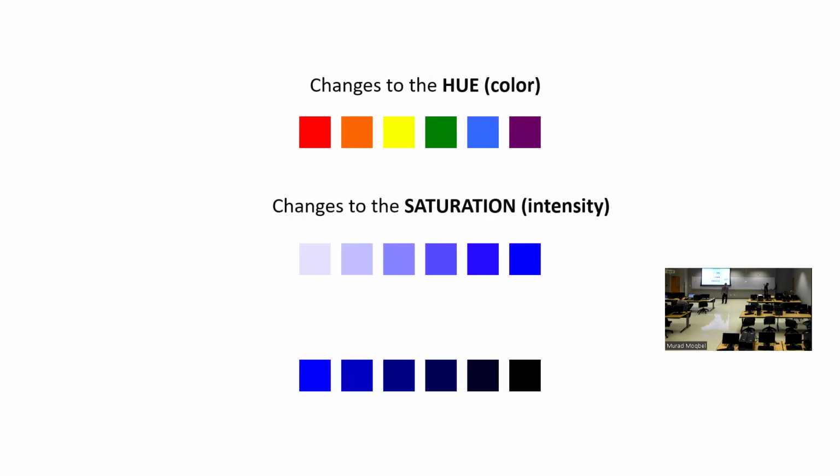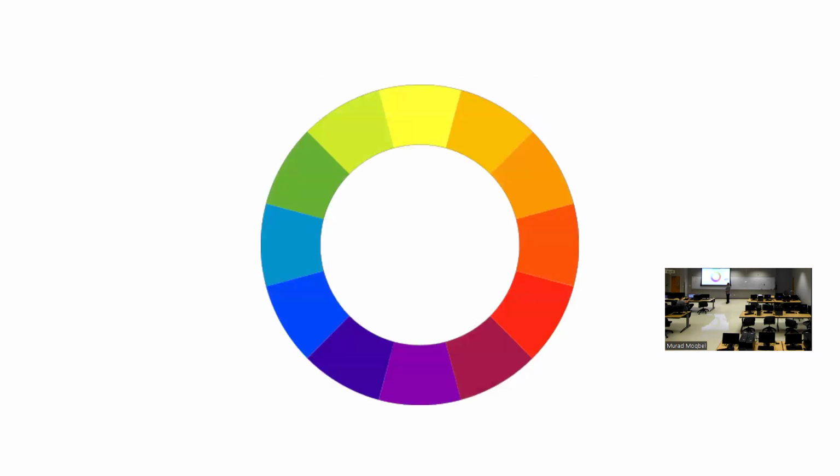So colors have different uses. We can use them in different ways. And I have provided you with more on color in the readings. But this is what we call the color wheel. In the color wheel, we have three primary colors and three secondary colors.